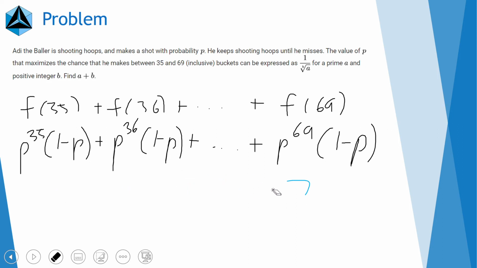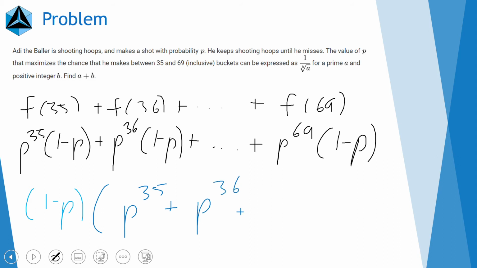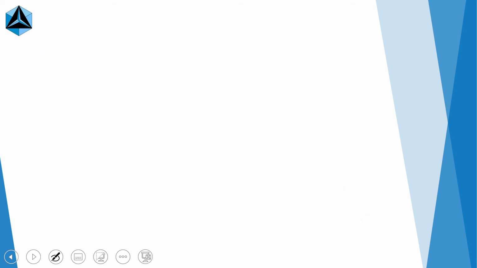We also know that they all have a factor of 1 minus p, so we can factor that out. We'll take out a 1 minus p here, and then write the rest, p to the 35 plus p to the 36 plus all the way to p to the 69.